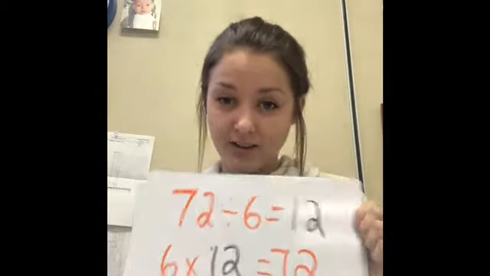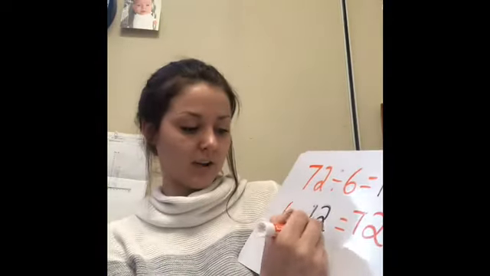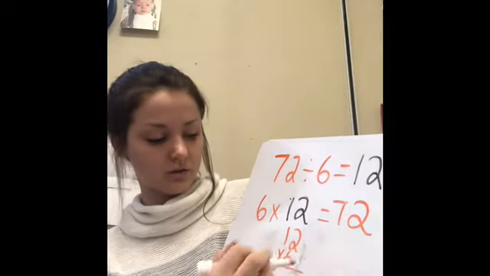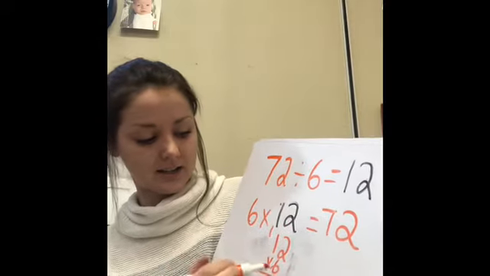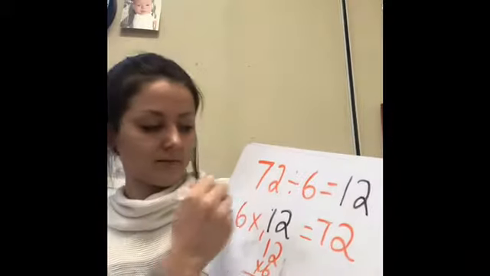So if you know your math facts, you'll know that that is correct. If not, you can check it this way. 6 times 2 is 12. Carry my 10. 6 times 1 is 6, plus 1 more is 7. Correct. It works.